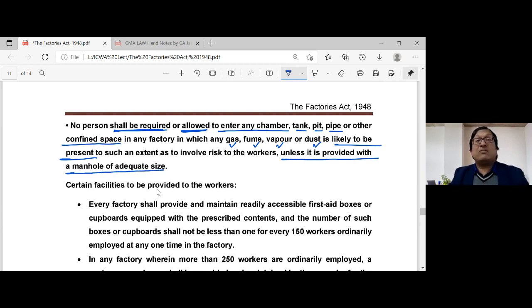If we have provided him proper space where he will not be affected by the gas, fume, or these things, then definitely you can send them. This is what the law says: adequate safety arrangements should be there.